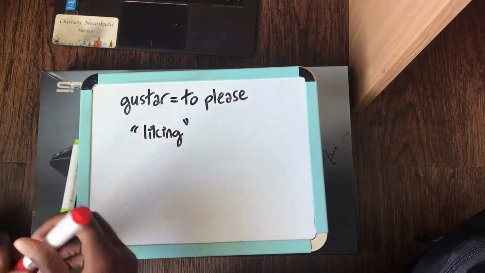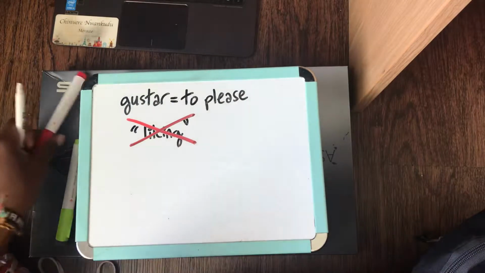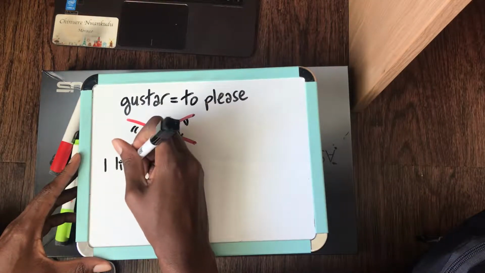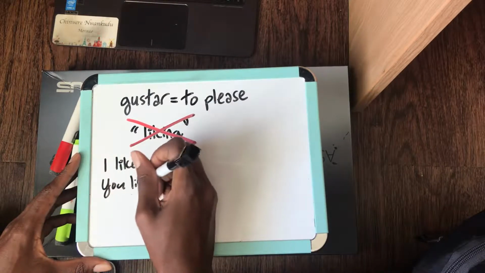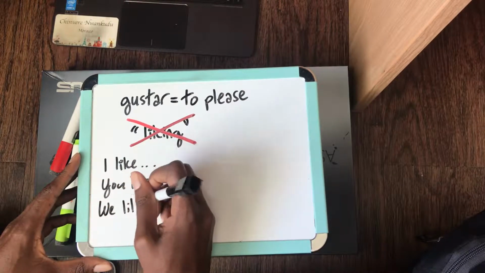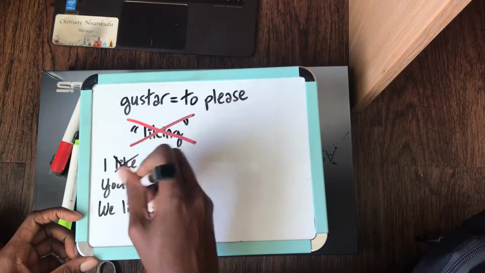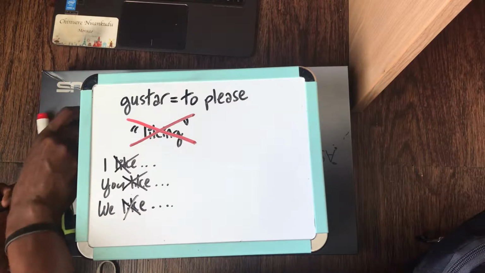Liking does not exist in Spanish. So there is no I like blank, blank, blank. You like. We like. These do not work because the concept of to like does not exist in Spanish.